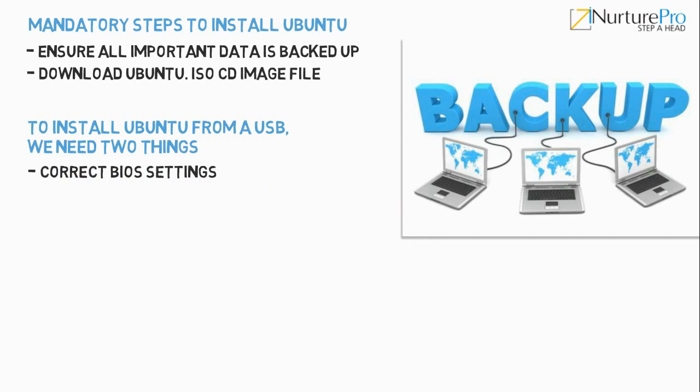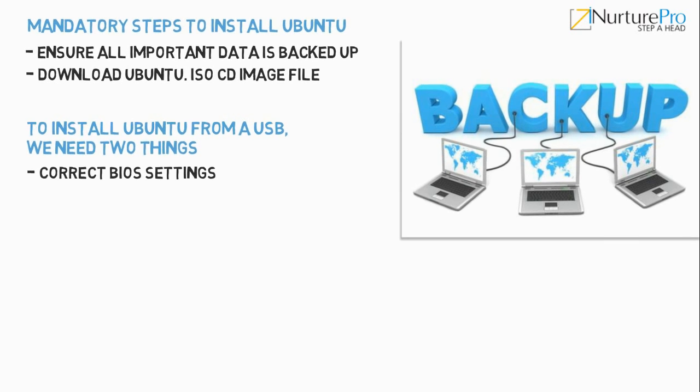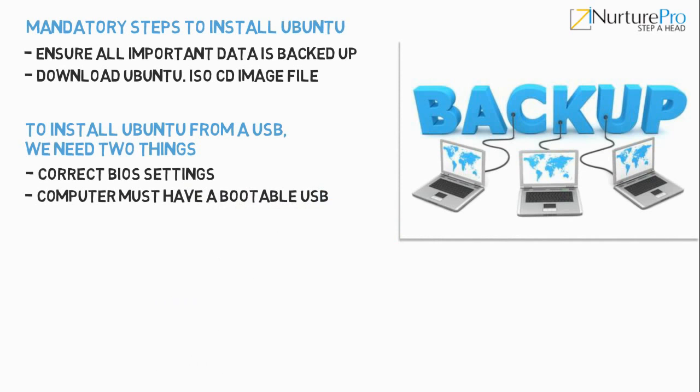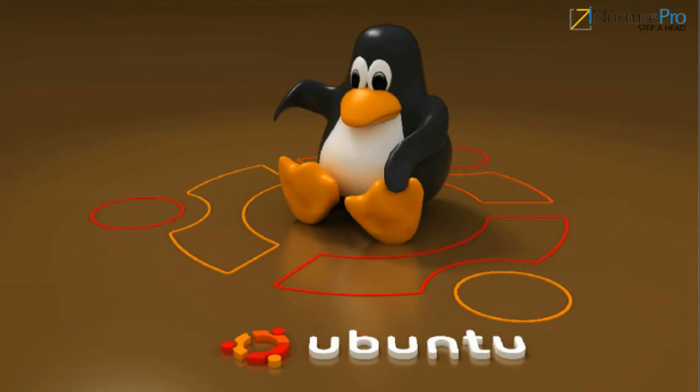Firstly, we have to correct BIOS settings on the computer to look for an operating system on the USB before it looks to the hard drive for the same. Secondly, the computer must have a bootable USB, that is, one that has a bootable partition on it.